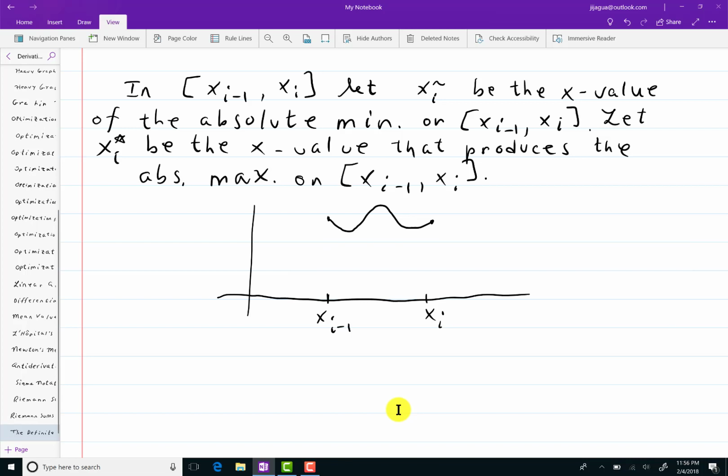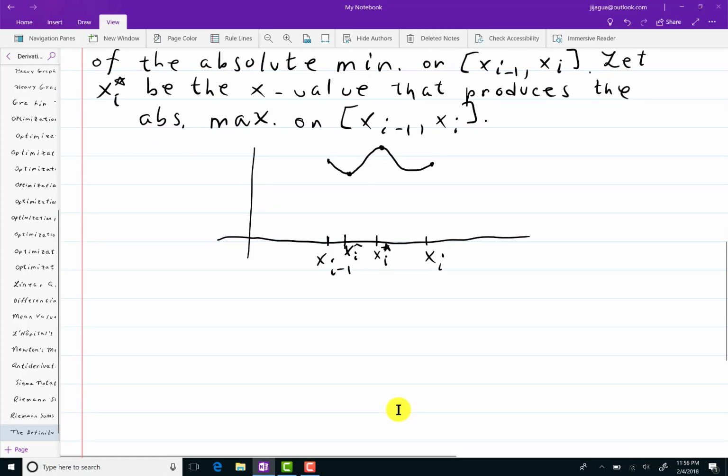That would be the point that gets the lowest y value. So it is so illustrated. That is x sub i squiggle. And for the one that gets the highest, I'll put a dot where the highest point on that curve is. That is x sub i star.